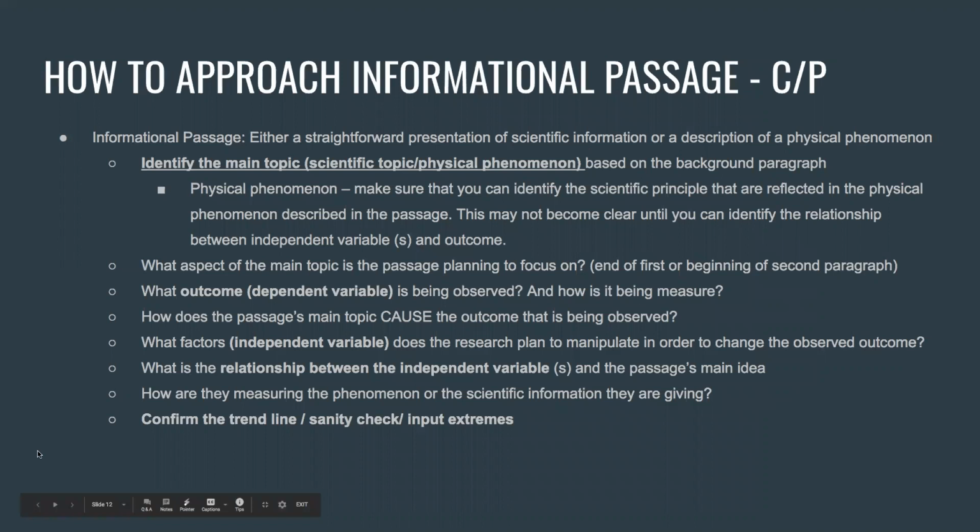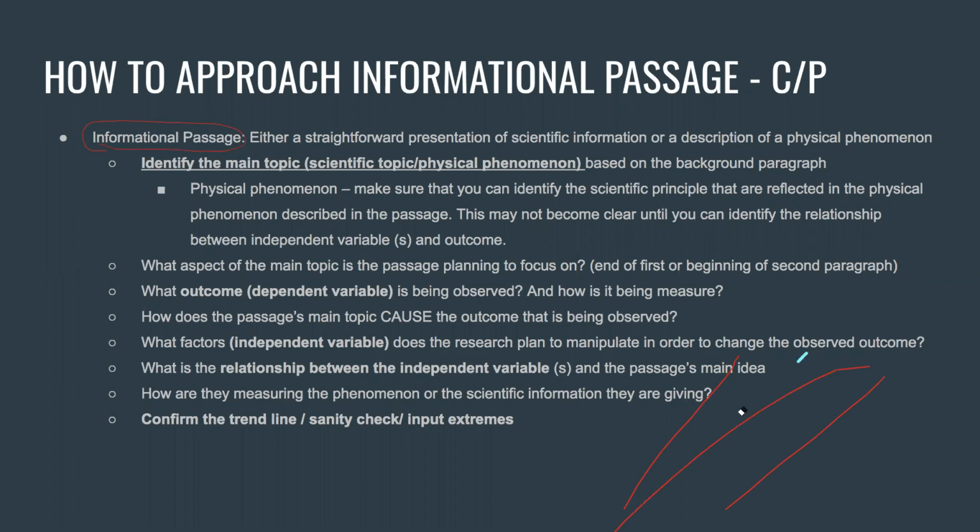So we're going to jump in and talk about the ChemPhys section and the most common type of passage that you're going to get on the chemistry and physics section. It's similar to what you get in biochem, but a little bit different. It's known as the informational passage, as AMC defines it.